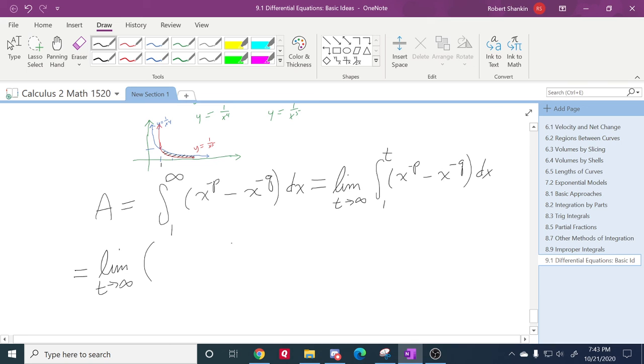Antiderivative of x to the negative p is x to the negative p plus 1 over negative p plus 1, because p is just some constant like 4 or 5 or something like that. And then minus the antiderivative of x to the negative q, which is x to the negative q plus 1 over negative q plus 1.